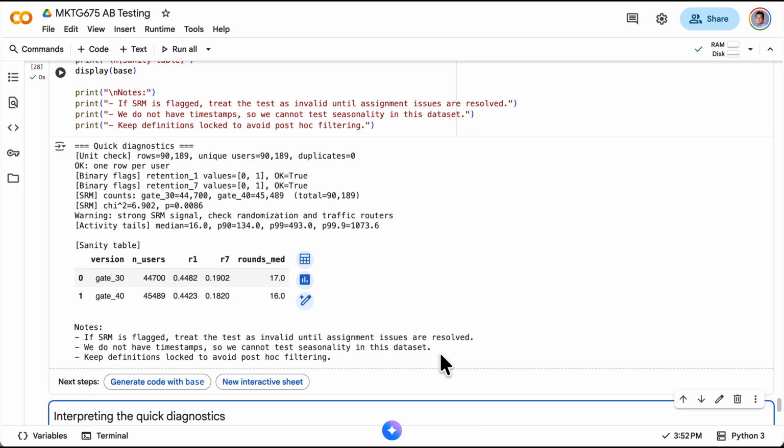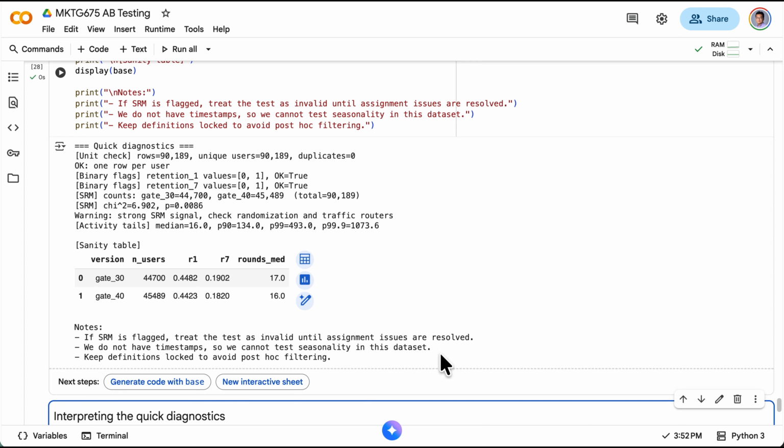This p-value is below 0.01, which is a strong SRM signal. That means the group sizes differ more than we would expect from random assignment alone. In practice, this suggests possible issues with assignment logic, traffic routing, logging, or eligibility filters.